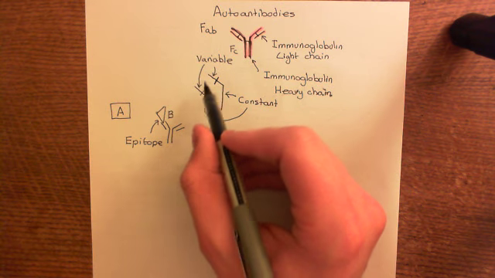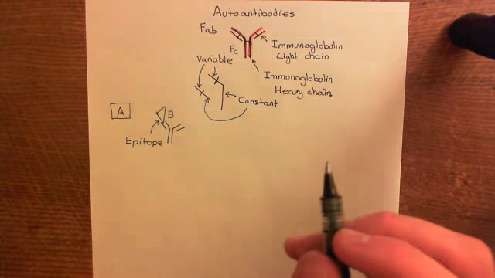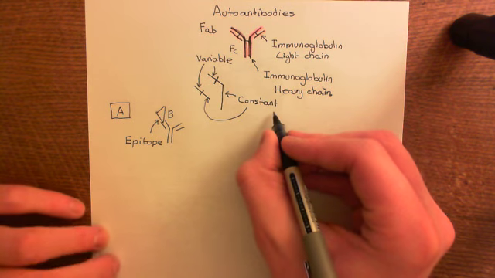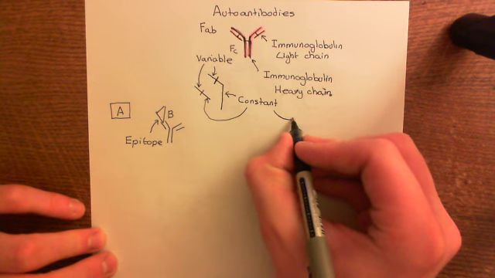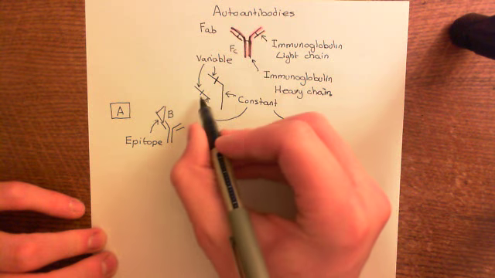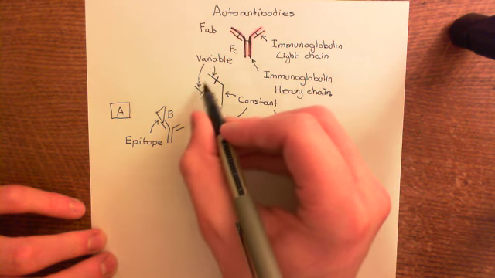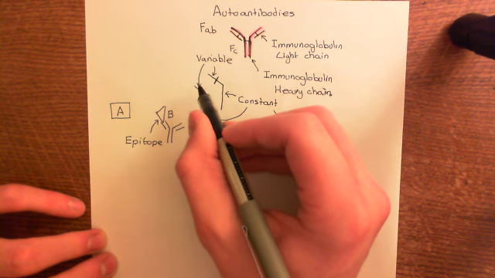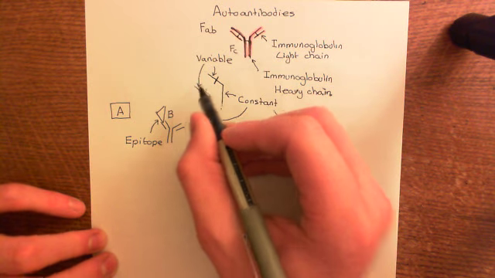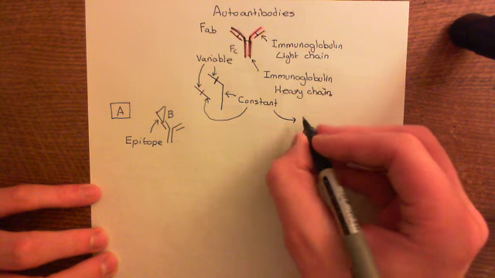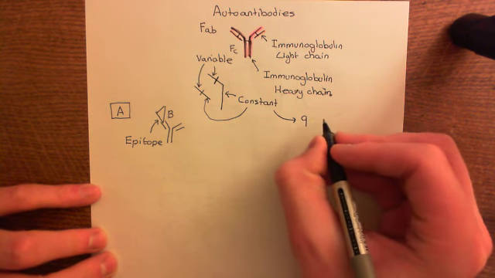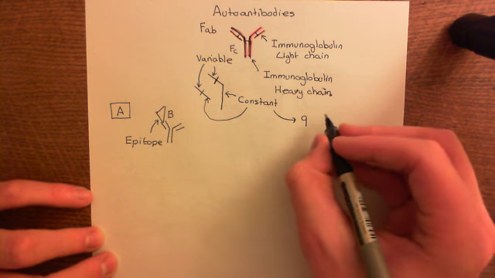However, it's less variable than the variable region. Okay, so there are different constant regions that you can use, but there are only 9 different constant regions, whereas for the variable regions, you can produce hundreds of thousands of different variable regions.